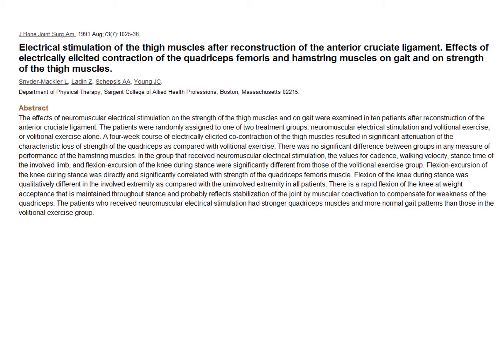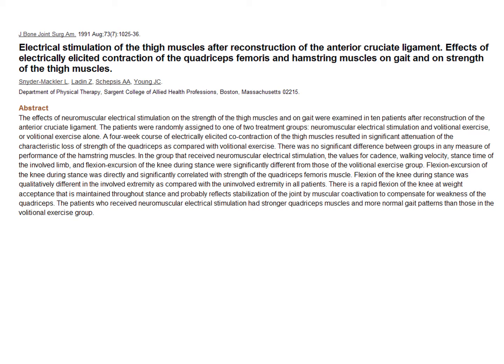The study we present to you on this slide is an example of a post-test only design that we described on the last slide. In this particular study, subjects following ACL reconstruction were randomly assigned to one of two groups. The first group received neuromuscular electrical stimulation to the thigh musculature.